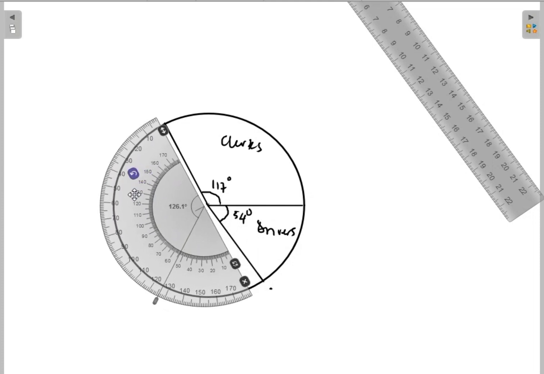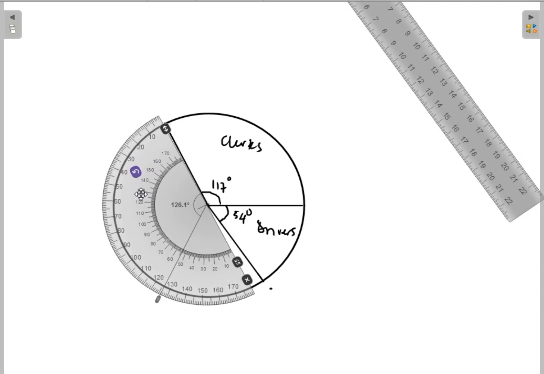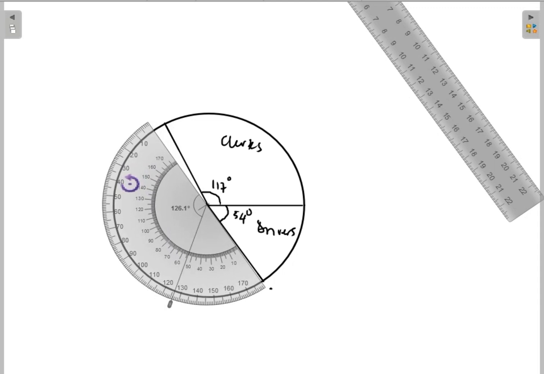So let's measure 66 degrees here. 66 should be somewhere here, between 5 and 6. Let's just say somewhere here.